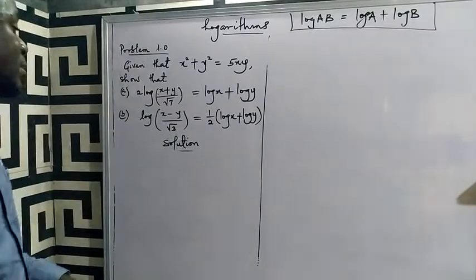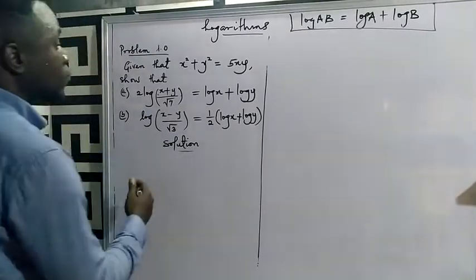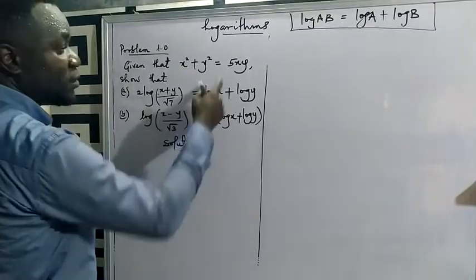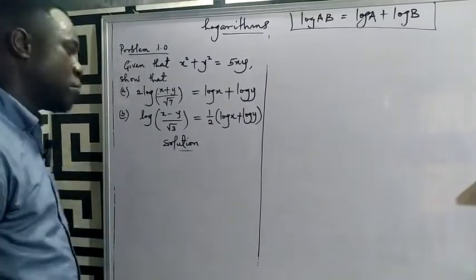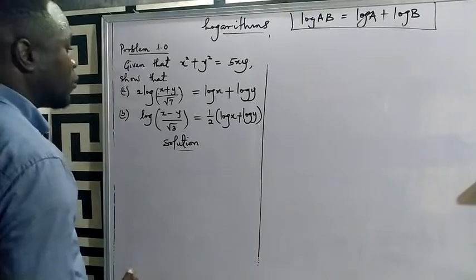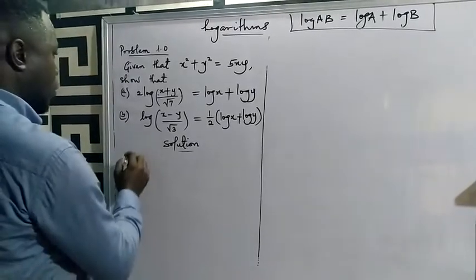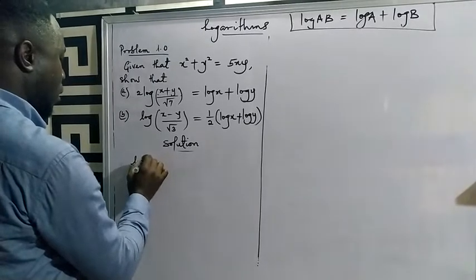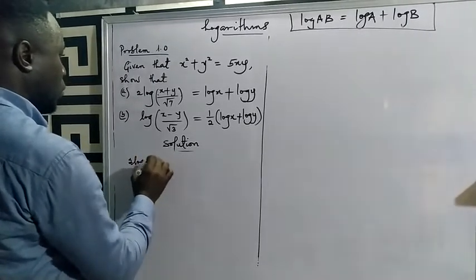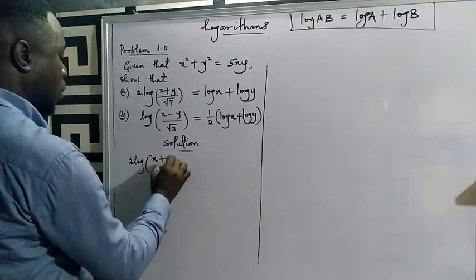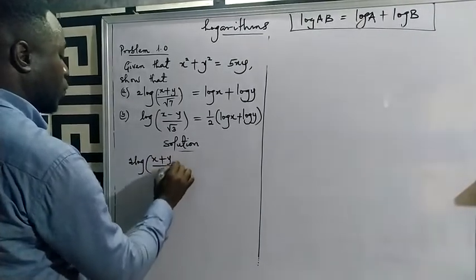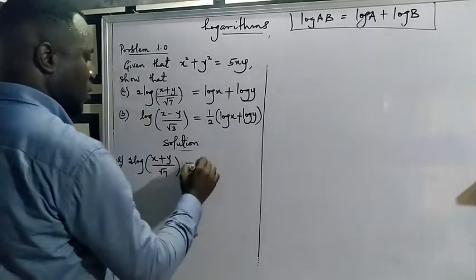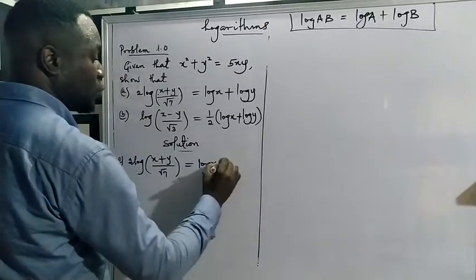The B part says, or you want me to use the first method, solving this to get this, right? Okay. If you want me to do that, I can always do that. I'm still solving the A part. Now I'm using the first method, solving this equation to get the condition.